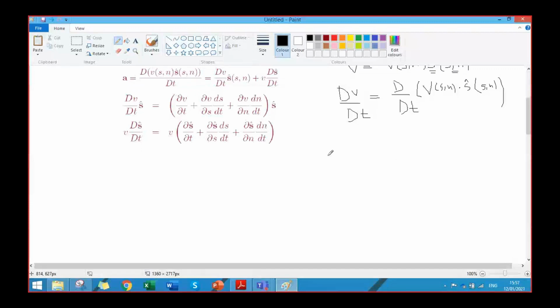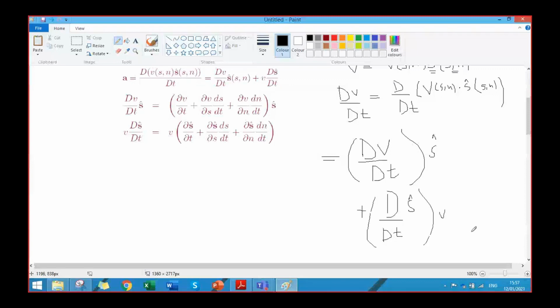So you will get the total derivative of the velocity with respect to time, that is, the total derivative of V times s cap, plus the total derivative of s cap times V. Then you will have the total derivative expansion for each of these terms, which is explained here. Can you do this?